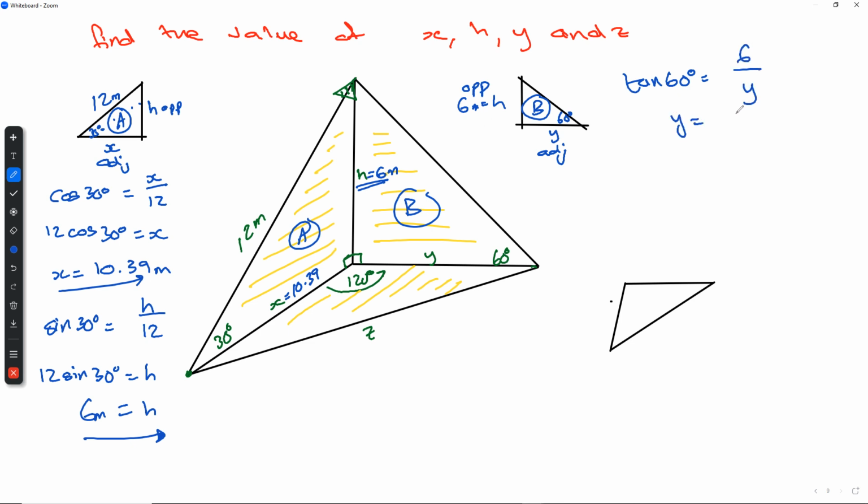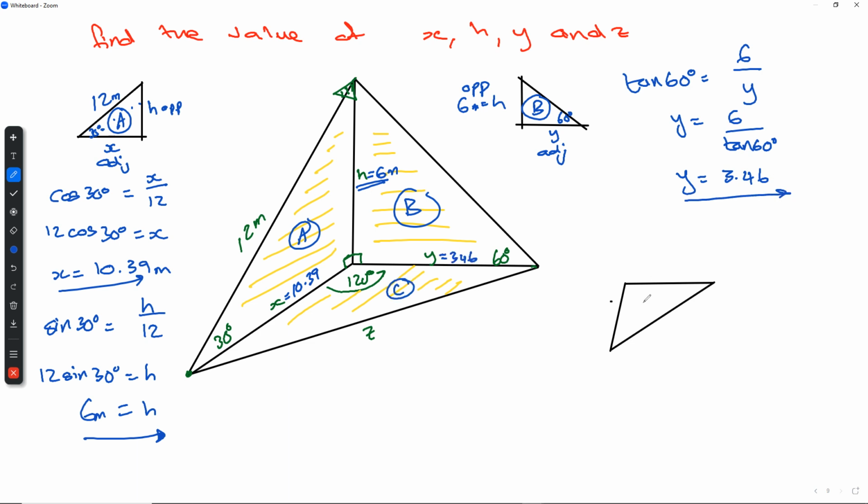And so y will equal 6 over tan 60 degrees. We put that on a calculator, and that comes to 3.46. And so y is now equal to 3.46.